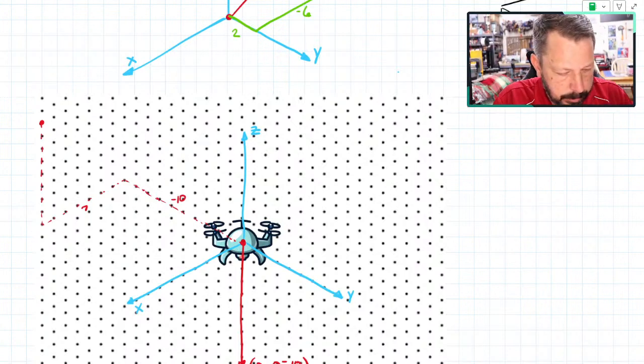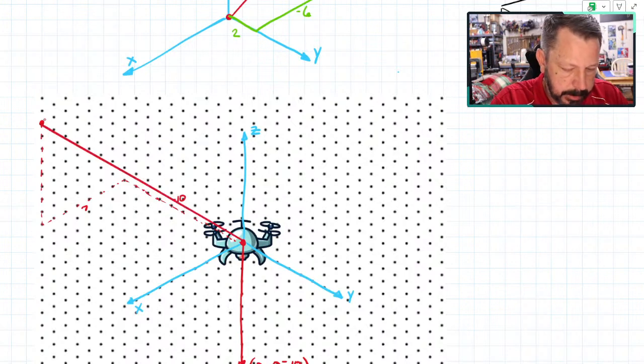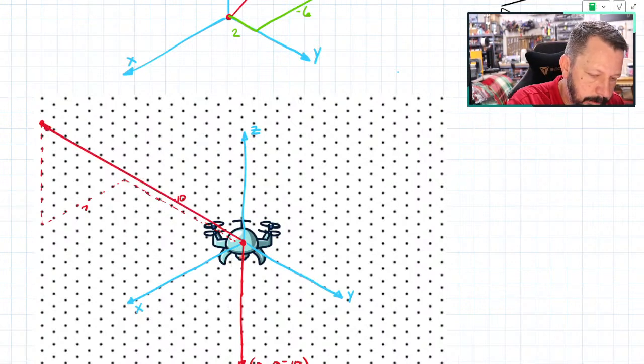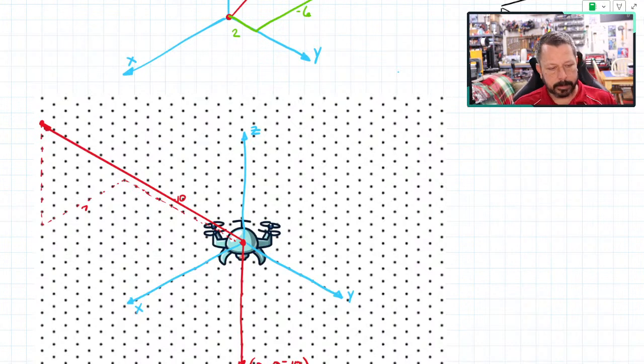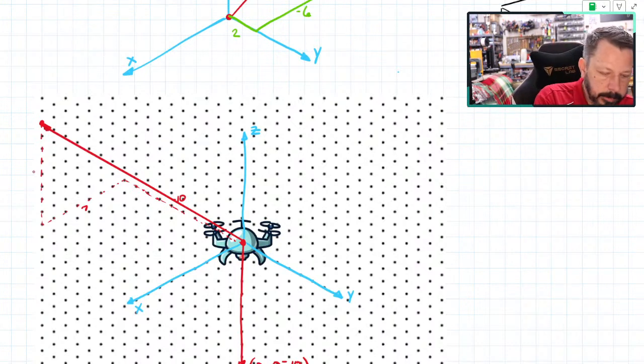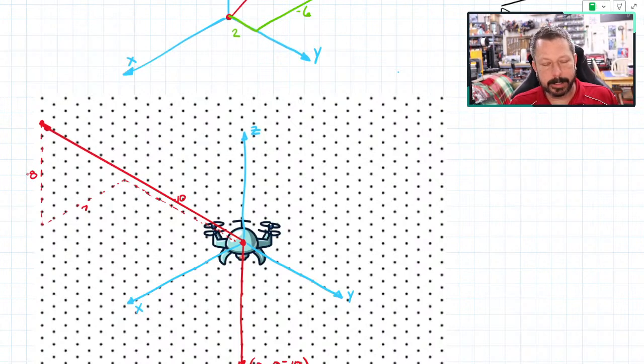All right, so something like that. Now, that one, if I drew that without the X, Y, and Z on there, it kind of looks like it's just in the negative Y direction. But it's really coming towards us and to our left a little bit.